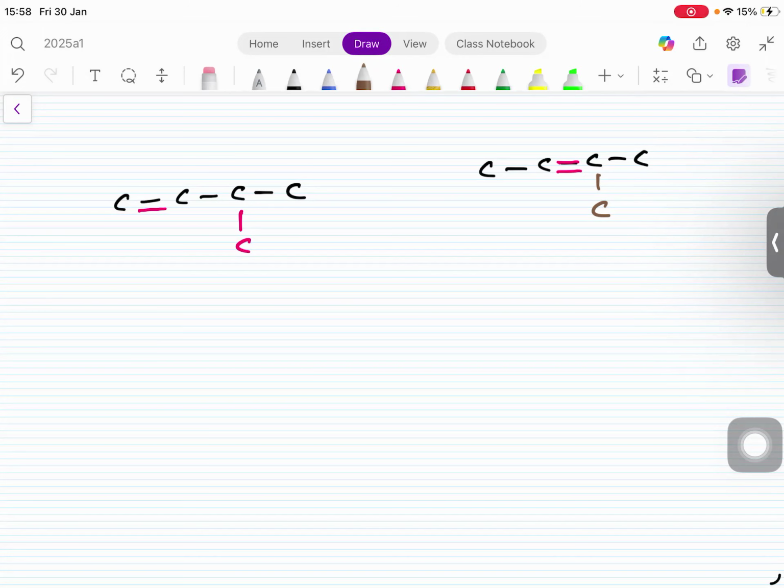Two branches you have to put down. No, I don't think it's right. Can you look at the number of carbons, bonds? Should be.